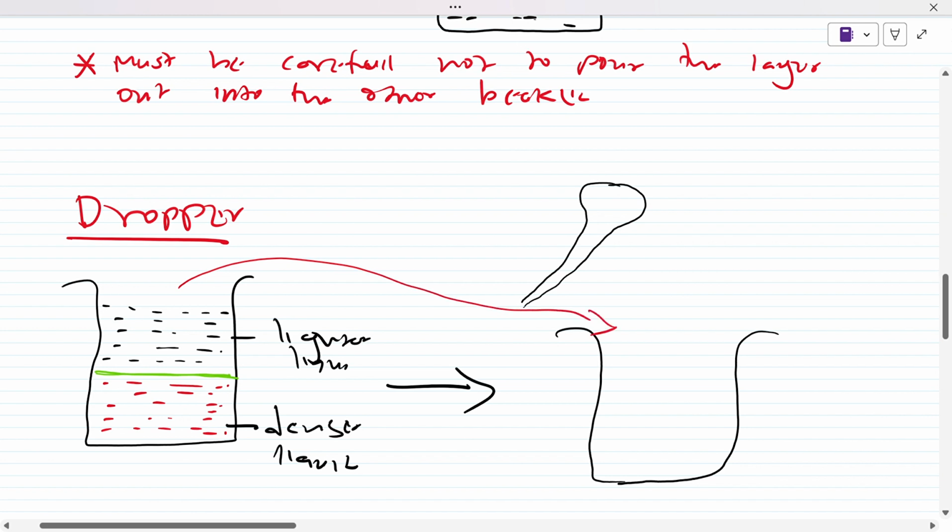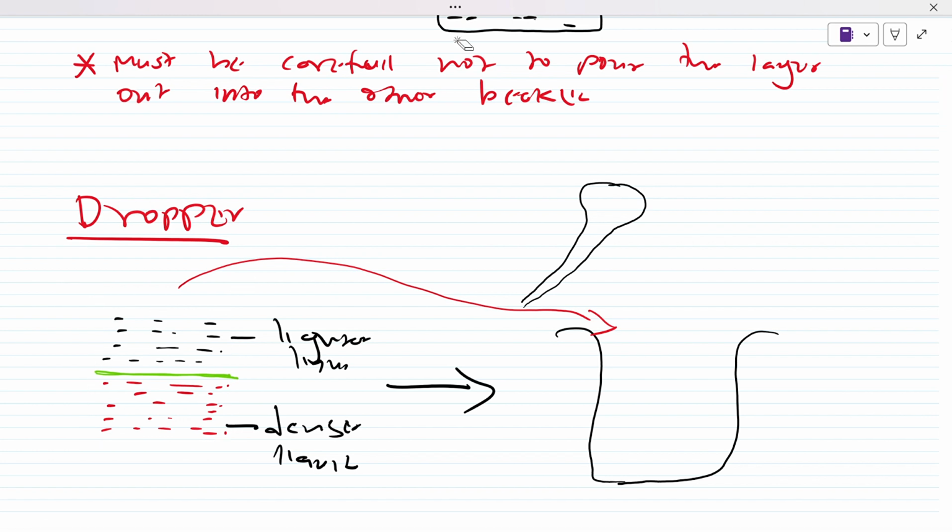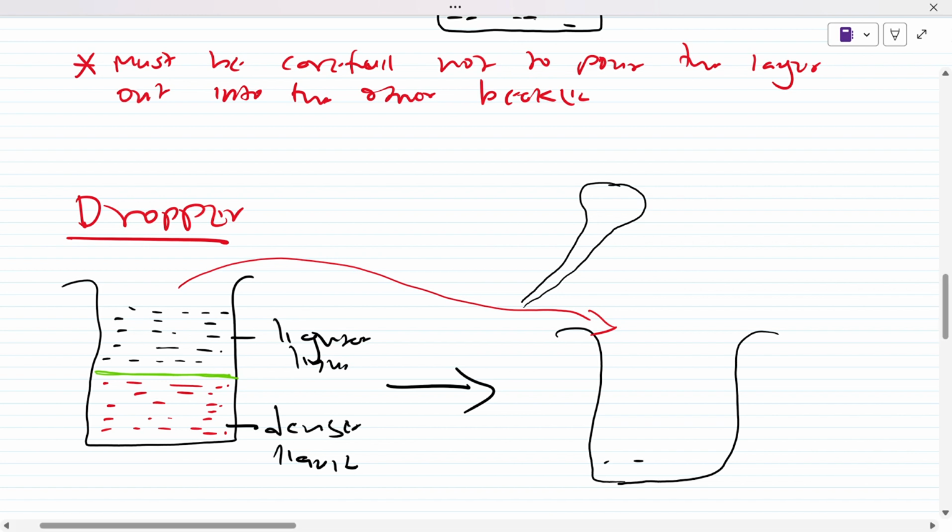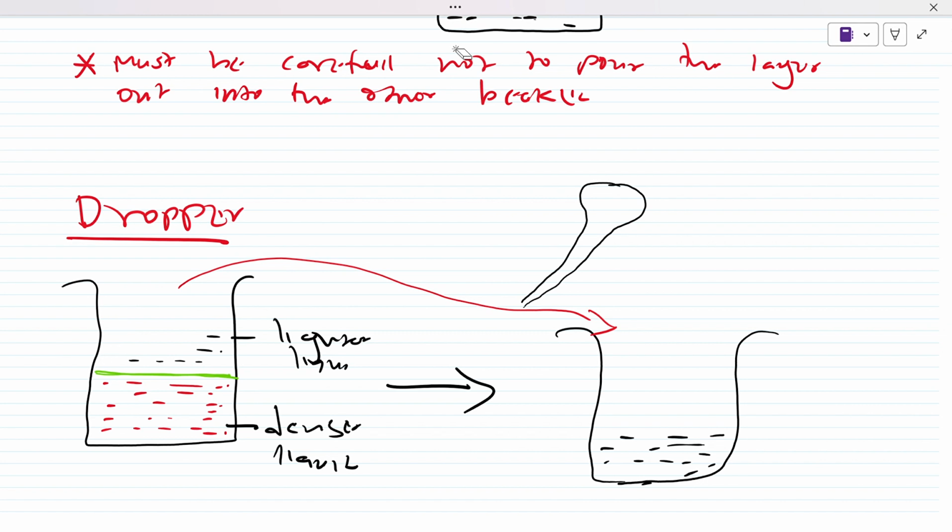So if I suck, it's going to be less bit by bit as more is deposited here. I can suck the top layer, and you'll come to realize that this one will be getting removed until we reach the layer.